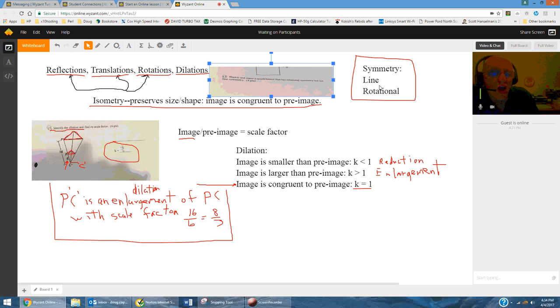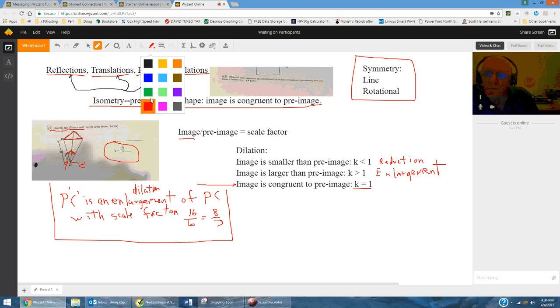Now let's just talk for a minute about what we mean by line symmetry and rotational symmetry. Let me draw a figure that's not a polygon. For example, you probably used to create these in 2nd grade: Valentines, the shape of a heart. That shape has line symmetry.